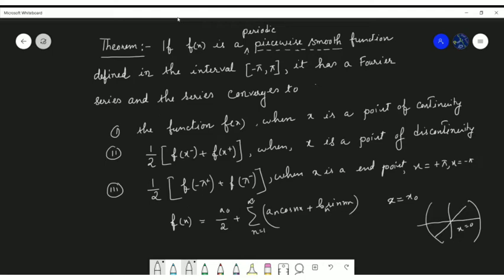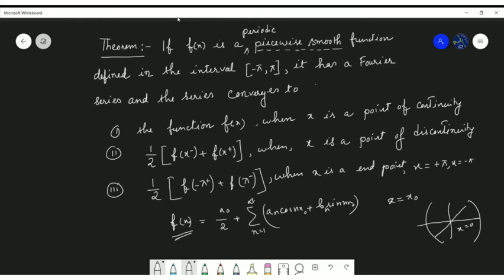Where this function is continuous, then the Fourier series at that point, if you put x equal to x naught here, converges to the function itself.